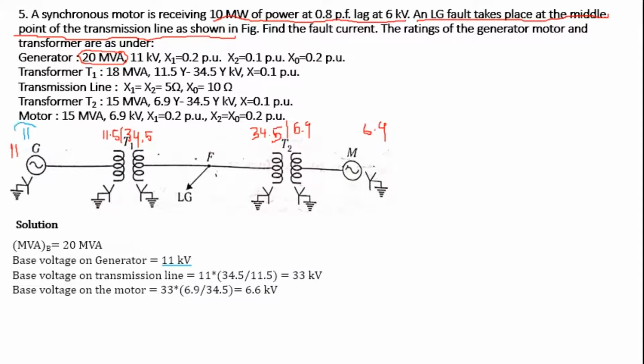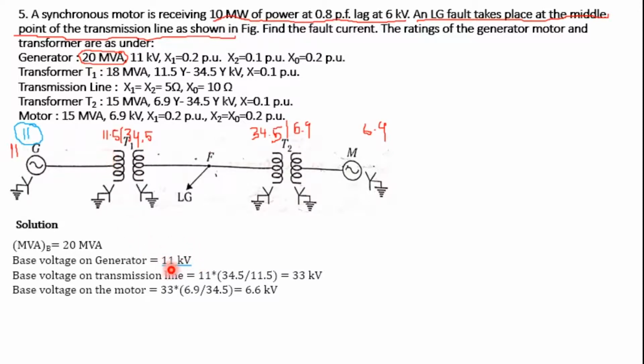In the examination, you can make this a circle, because you are not allowed to use different colors of pen. It is not advisable. Now we have to calculate the voltage on the transmission line and the motor. The base voltage on the transmission line, because that is the HV side, is equal to the LV voltage times the HT rating of the transformer divided by the LT rating of the transformer.